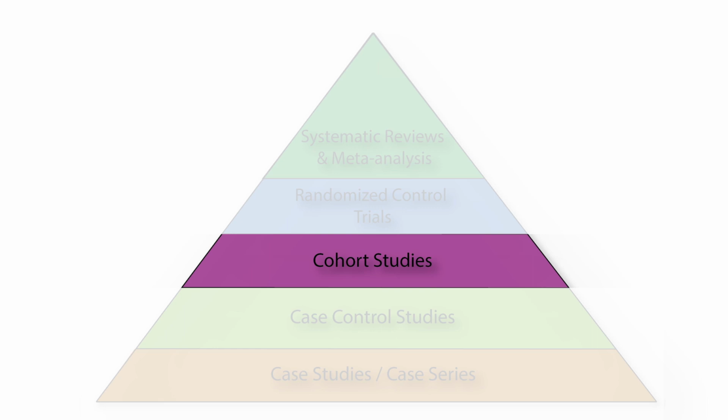The next layer on the pyramid is something known as cohort studies. In this case, we're taking a look at the exposure at an earlier point in time and seeing what the results are. So the groups in this study are formed by their exposure. An example of this, again, we can use smoking. If you have a group of patients who don't smoke and a group of patients who do smoke and follow them forward in time over many years, that would constitute a cohort study. One of the cohorts has a smoking exposure and the other cohort does not.